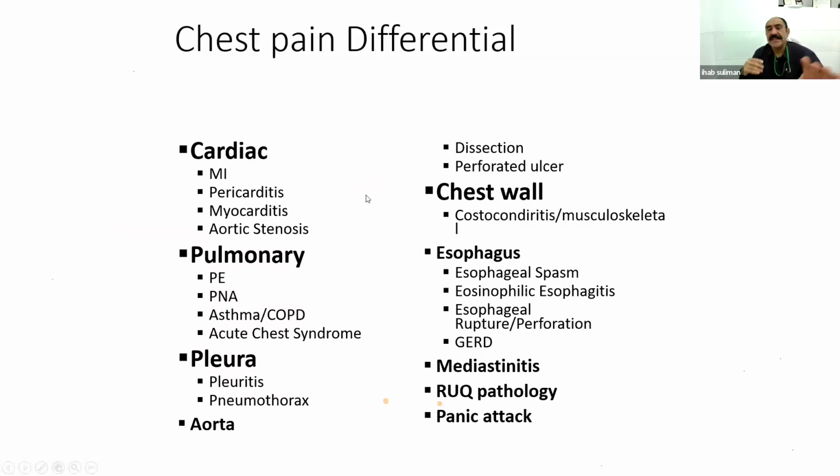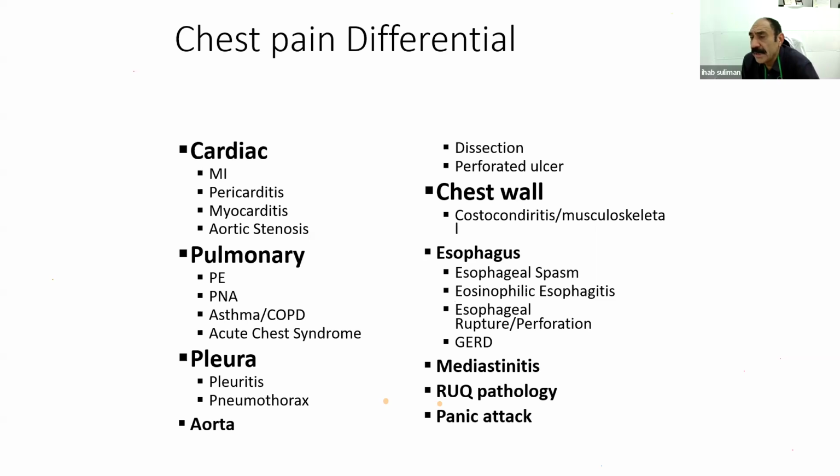So remember, these are the chest pain differential diagnosis. And the cardiac causes include an MI. It could be pericarditis, it could be myocarditis and aortic stenosis. Sometimes even a panic attack, bottom on the list, could be a cause of chest pain.